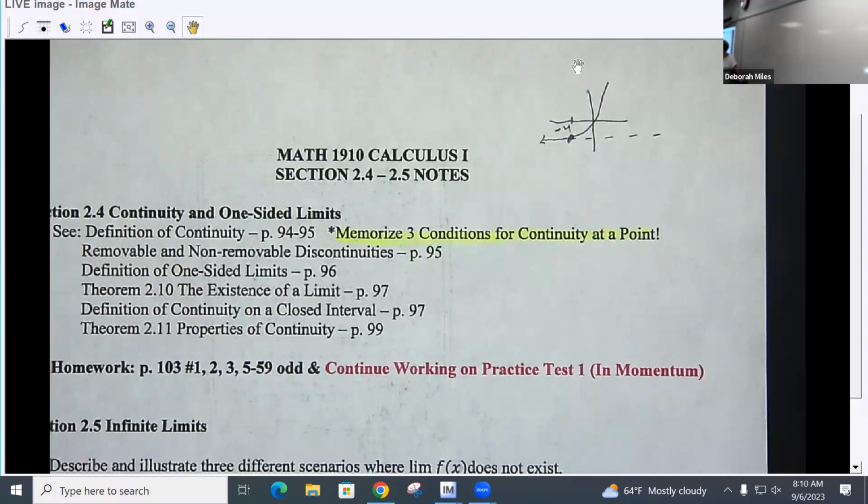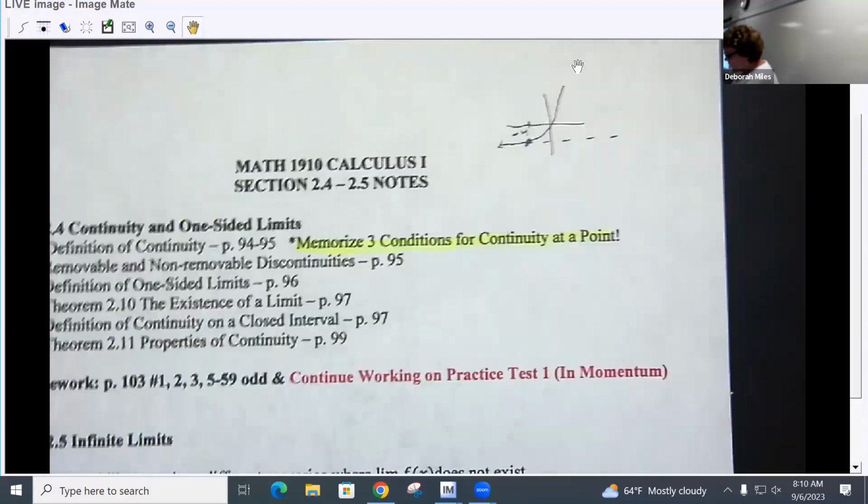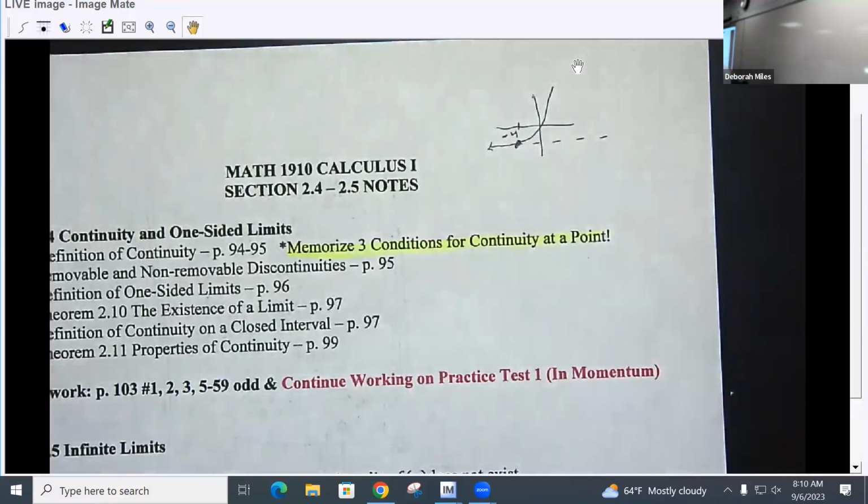How did I have something different than you? We'll do it. Okay. I printed it from my computer instead of Momentum, and therefore I have something on my computer I forgot to upload to Momentum. So the D part, yours says describe and illustrate a scenario where the function is discontinuous at 0, but the limit still exists.